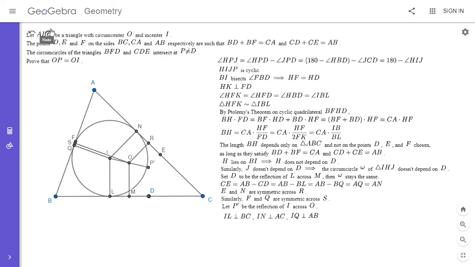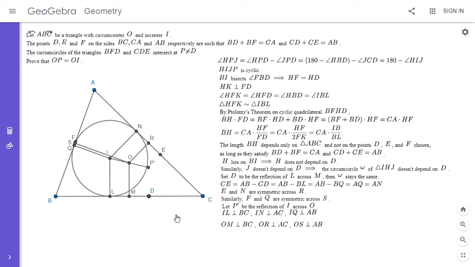Okay. So since IL is perpendicular to BC, and we also know that IN is perpendicular to AC, IQ is perpendicular to AB. But not only that, clearly the orthocenter, if you draw the line to the midpoints of each of the sides, it has to be perpendicular.